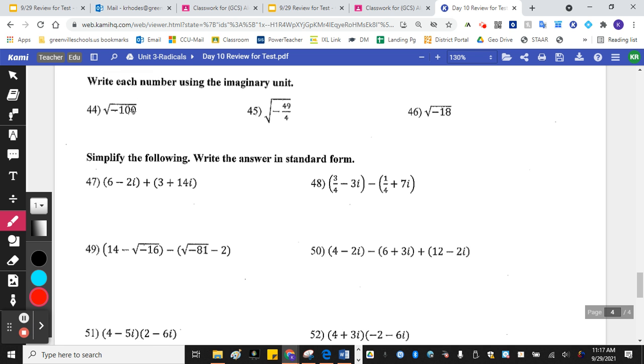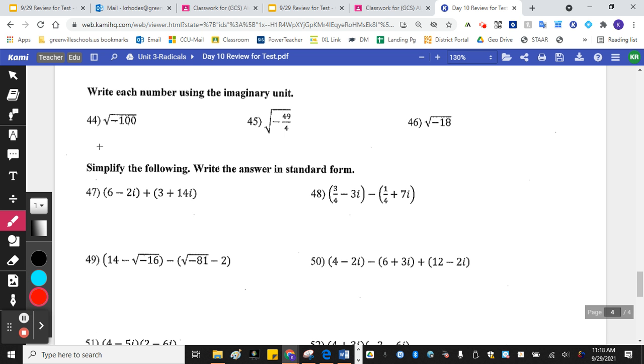Now, on the test, number 44. Negative 10i. All right, 44: 10i. It's the square root of negative 1 times 2 times 2 times 5 times 5. A 2 comes out, a 5 comes out. The square root of negative 1 is imaginary.